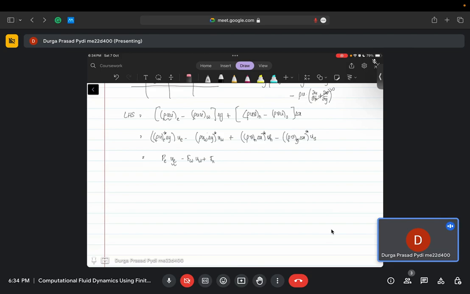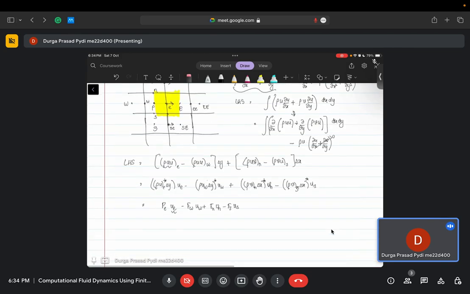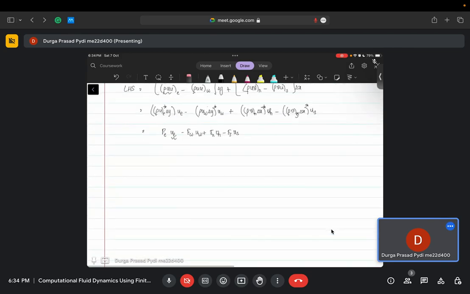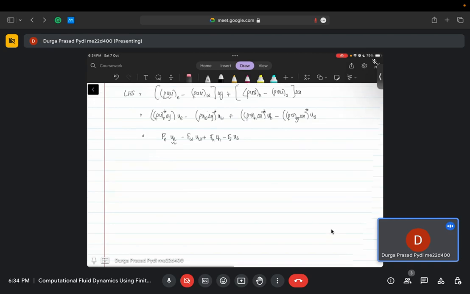So your scalar is now your horizontal velocity. So Fn un minus Fs us. This is on the LHS. We will complete the LHS completely and then go to the RHS.